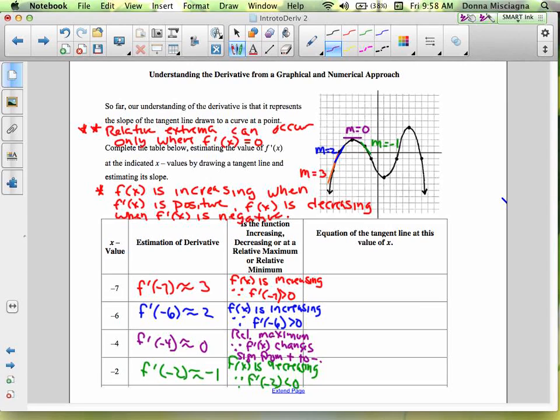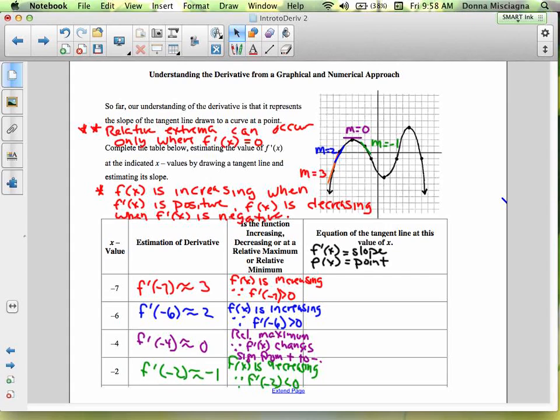All right, let's write the equations of the tangent lines for the various values of x. Remember, to write the equation of a line, you need two things. You need slope, so f prime of x is going to give us our slope. And f of x will give us our point. We can just look at the graph, which is good because we don't have an equation. So the slope we said was 3, and if we go to negative 7, the point is negative 7, negative 3.